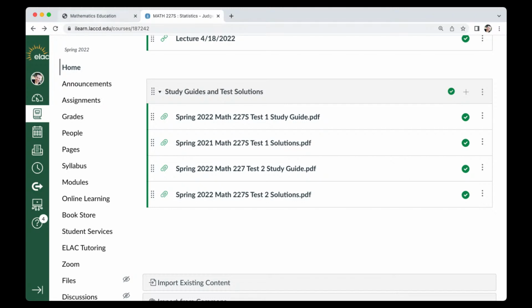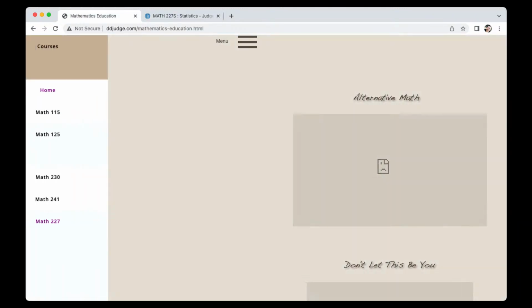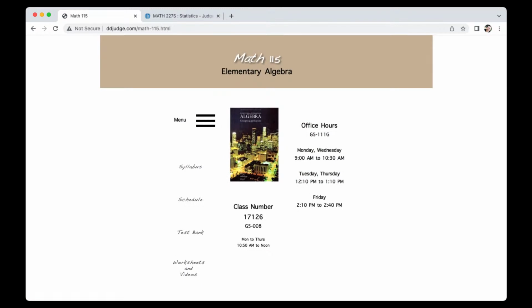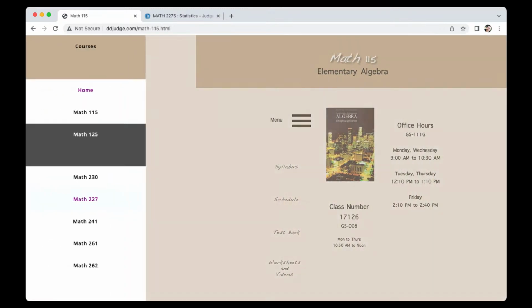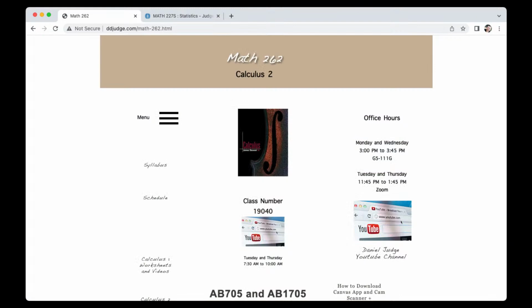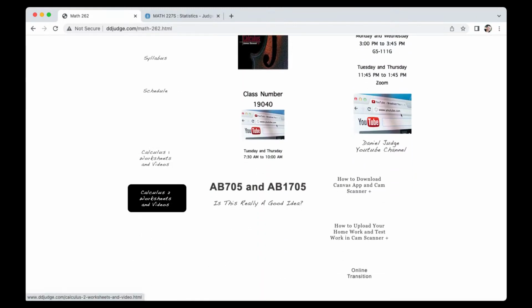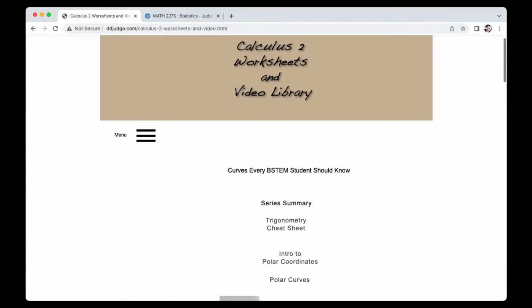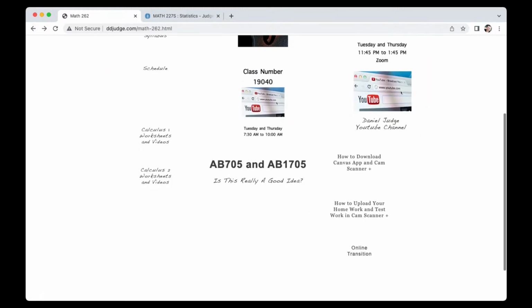All right, let's go here. We're going to go to the website. Sorry, we're going to go to Math 262 if we can get there. Calculus 2 worksheets and videos. Not there. I think we're going back over here. Online transition. Here we go.